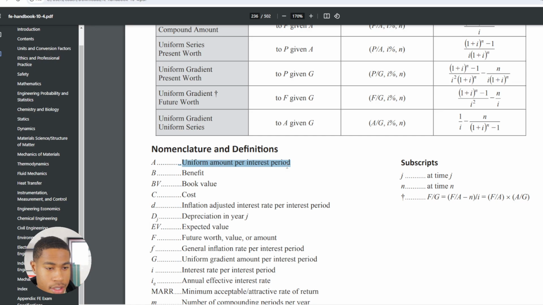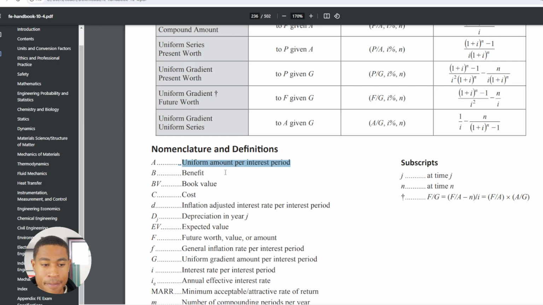A is, I would say, the number of periods that you would need to split your specific amount into. You can have a uniform period, or the same amount of payments that you'll need to pay.